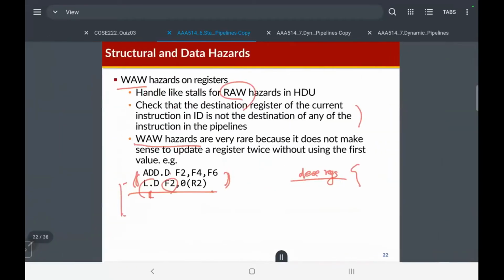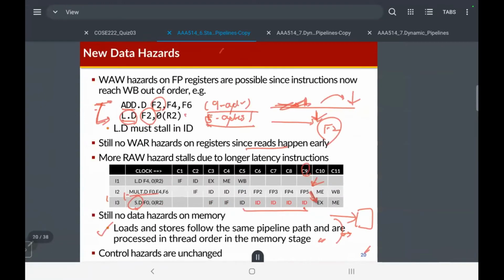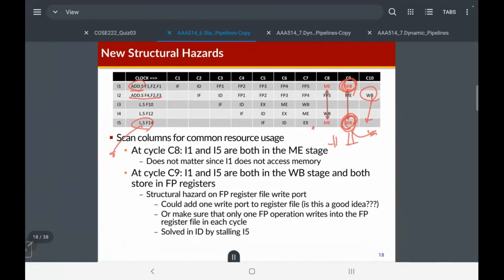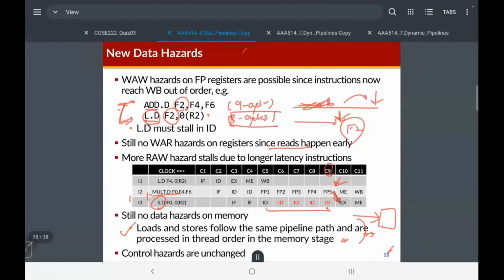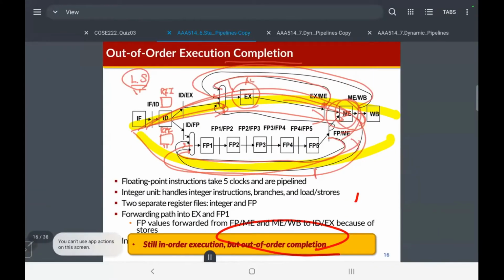Also, we learned about some different static pipeline architectures, such as out of order execution completion. We already know that the integer units are much simpler than the floating point units.